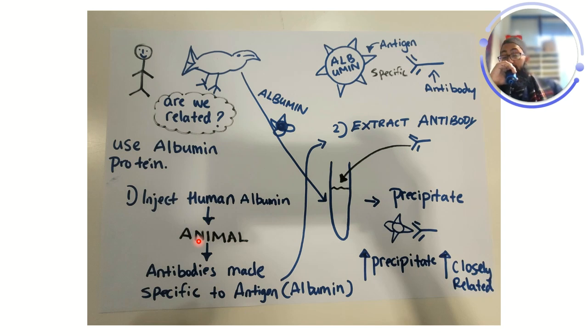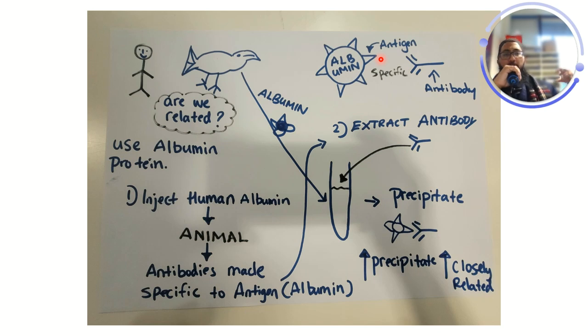The rabbit, if you didn't know, has an immune system. Every animal has an immune system. The white blood cell, the lymphocyte, is going to look at the albumin and look at the antigen and say, yo, you look a bit dodgy. The lymphocyte does not recognize this antigen, so it's foreign.